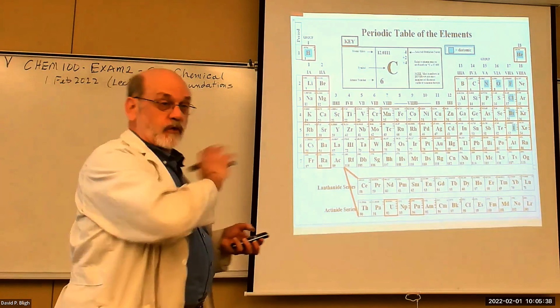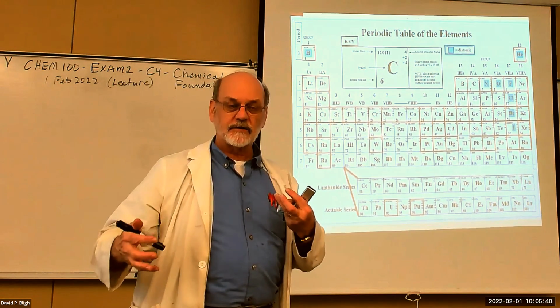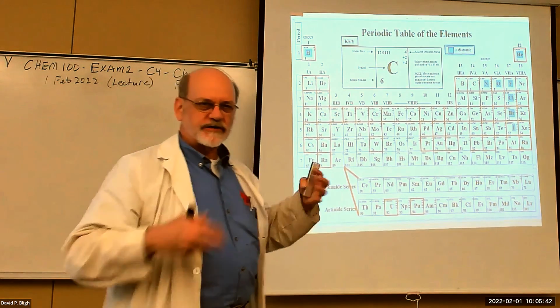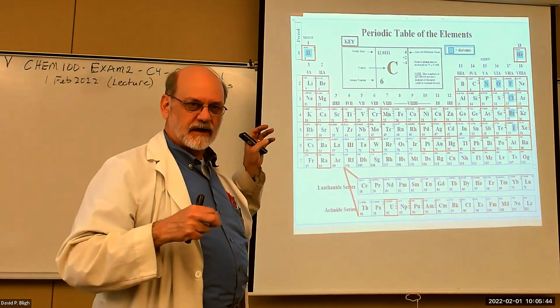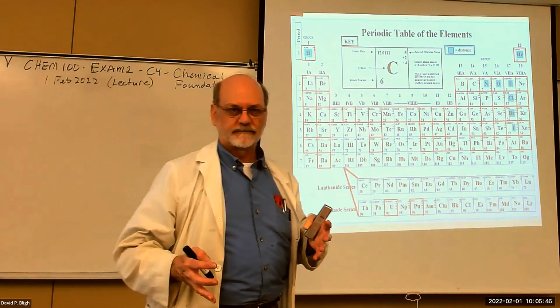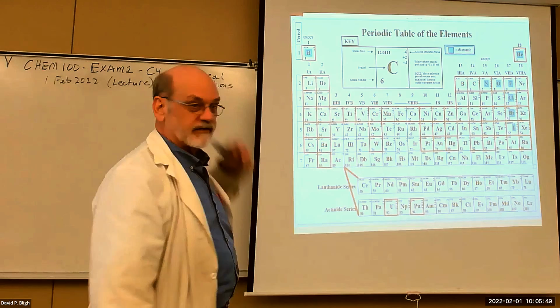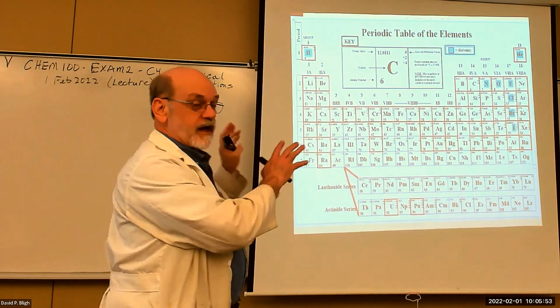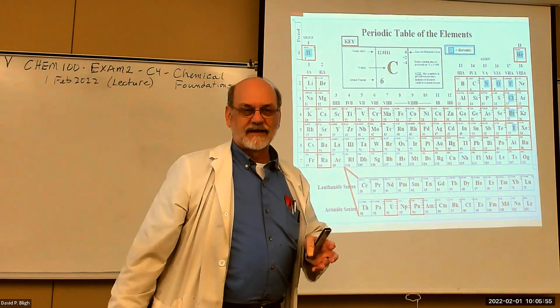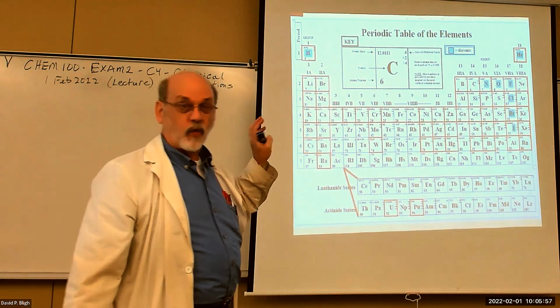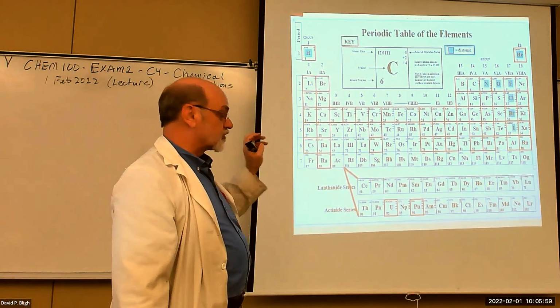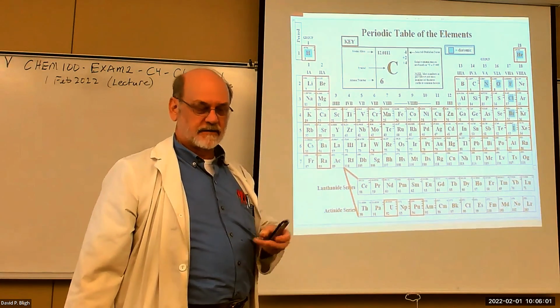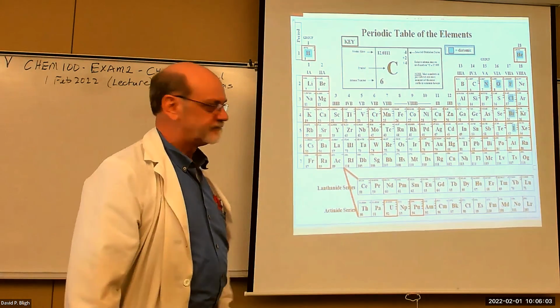And as we proceed through the semester, the structure of this table will become more evident and useful. Right now, it just looks like a jumble of letters and numbers, but it's arranged this way for a reason. And once you know how it's arranged, why it's arranged that way, you can extract a lot of information from that one table.